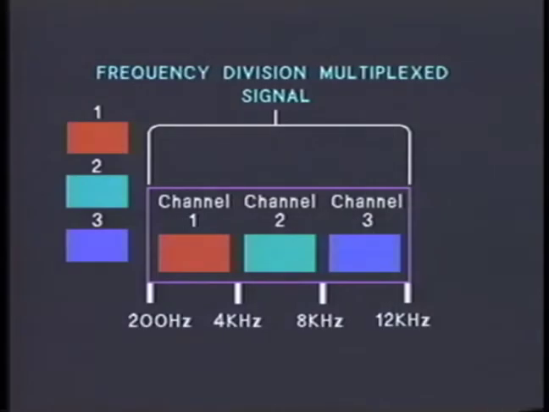Frequency division multiplexing is used to multiplex analog signals. Frequency division multiplexing takes multiple voice frequency analog signals with a bandwidth of 200 to 3,300 hertz and assigns each a portion of the composite signal bandwidth. Each portion of bandwidth is called a channel.